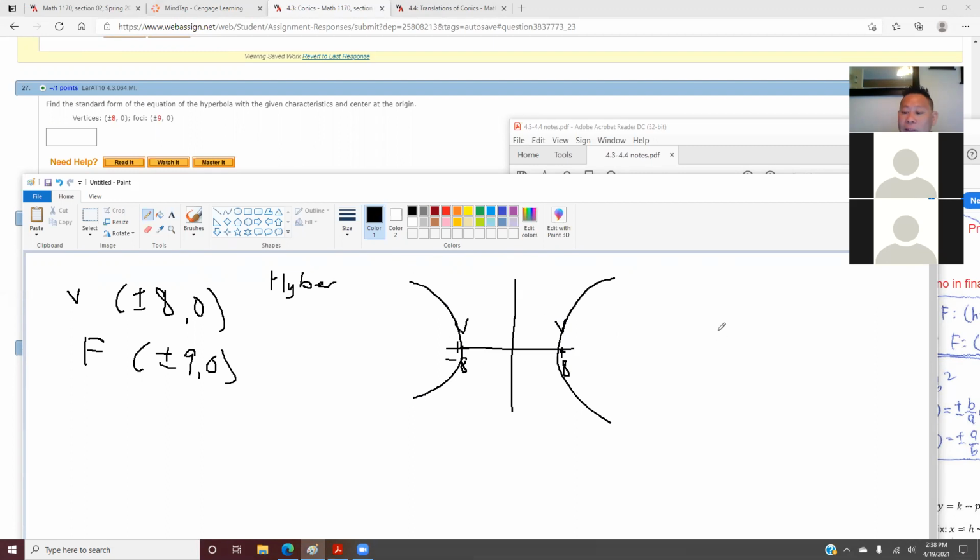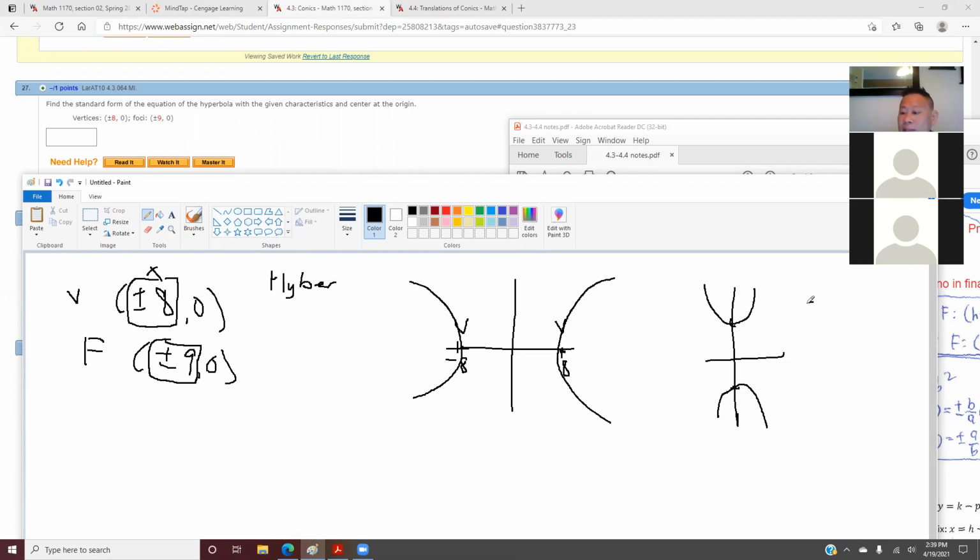If your vertex is on the y-axis, then it's going the other way. I want to point out where the plus minus sign comes from. If the plus minus sign comes from your x value, then you open sideways.